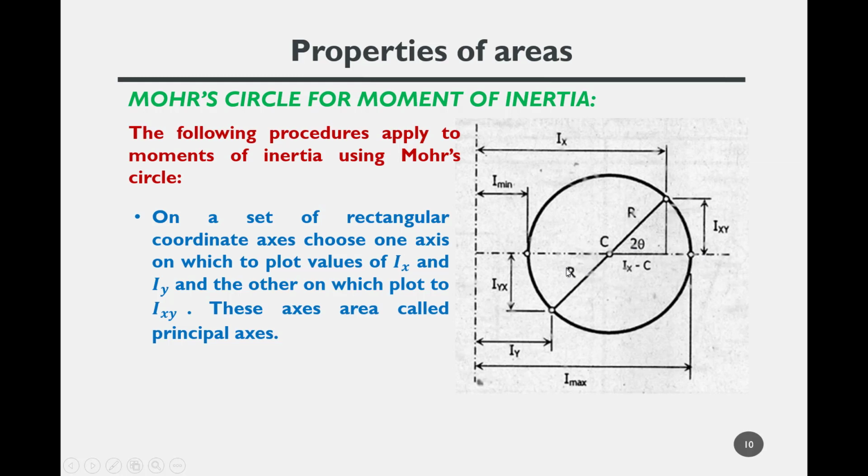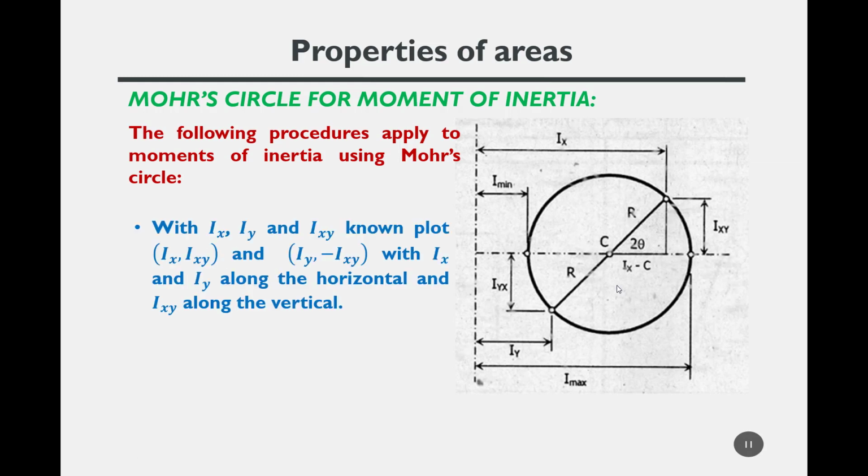So these axes are called principal axes. Or with Ix, Iy, or an Ixy known, plot Ix and Ixy, with Ix and Iy along the horizontal and Ixy along the vertical. So ito yun, di ba?